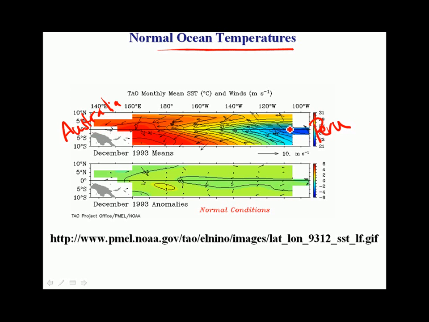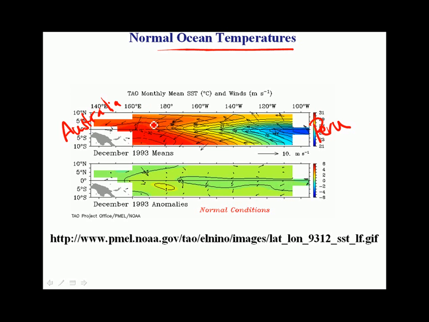Let's see if we convert that to Fahrenheit. That's roughly times 2. That's about 78 degrees Fahrenheit. Over here we have 30 degrees Celsius. That would be 86 degrees Fahrenheit.